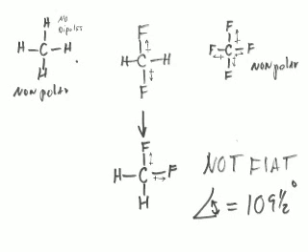Which brings us to difluoromethane. That is where 2 of the hydrogens have been replaced with fluorines. The carbon still has 4 pairs of electrons around it, but now 2 of them are to hydrogen and 2 of them are to fluorine. And the fluorines, we just said, are much more electronegative than the carbon, so those bonds have dipoles.